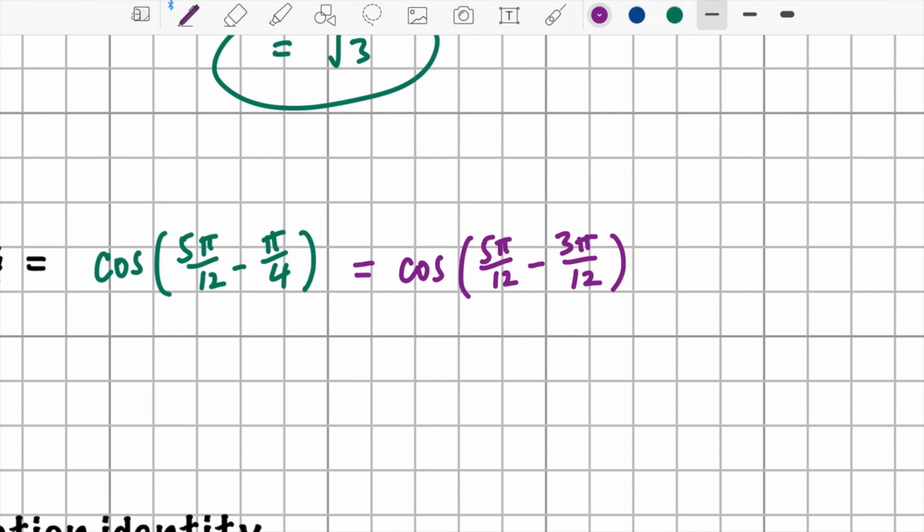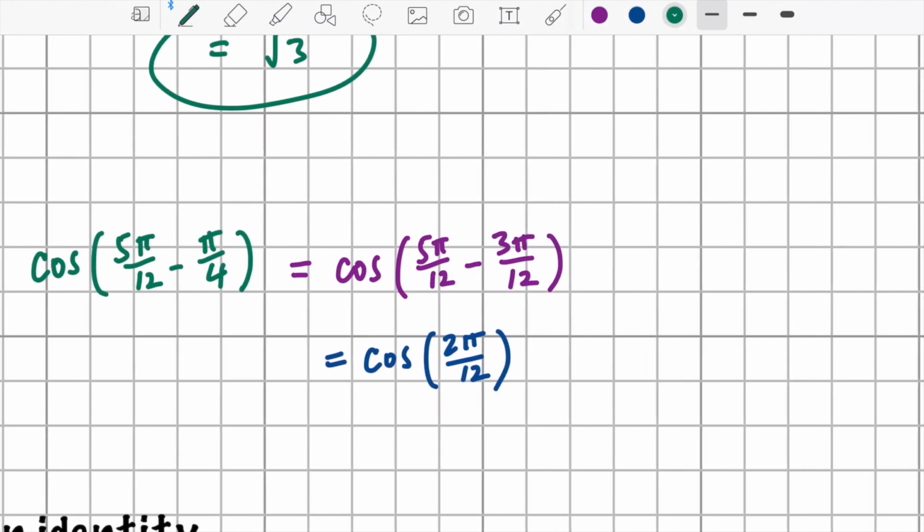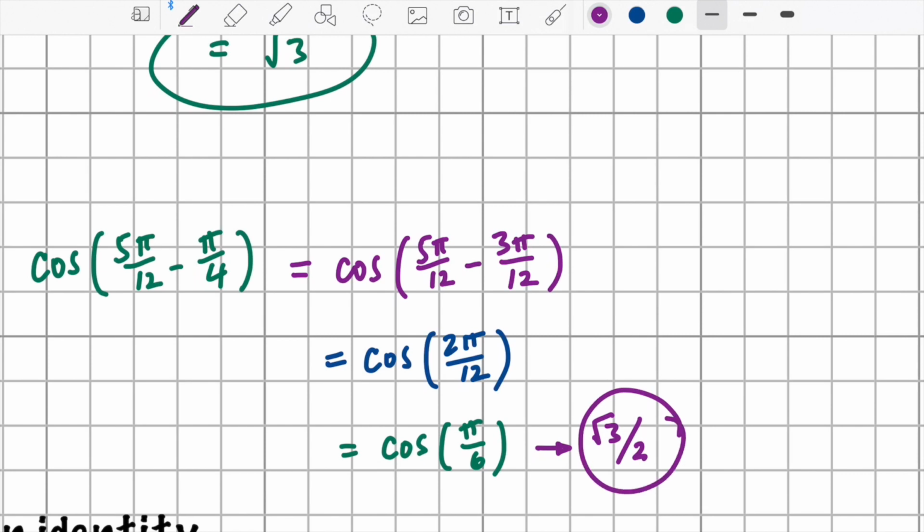So let's subtract. That will be cosine of 2 pi over 12. Let's reduce even more. That will be cosine of pi over 6. And now all I have to do is evaluate cosine of pi over 6. Cosine of pi over 6 is the square root of 3 over 2.